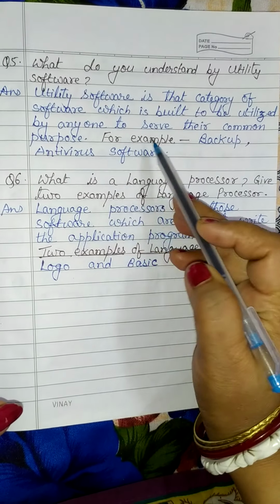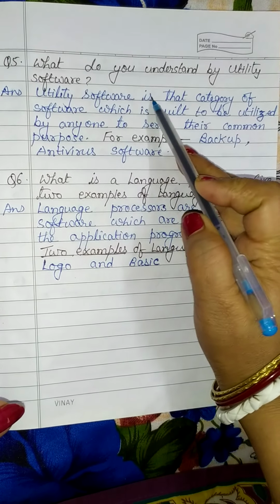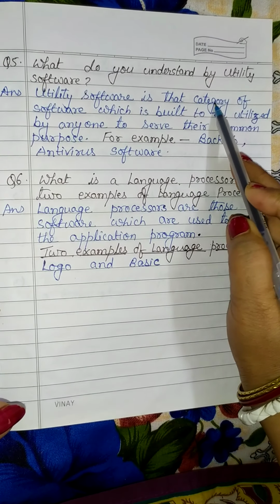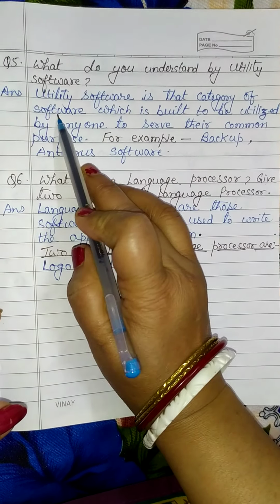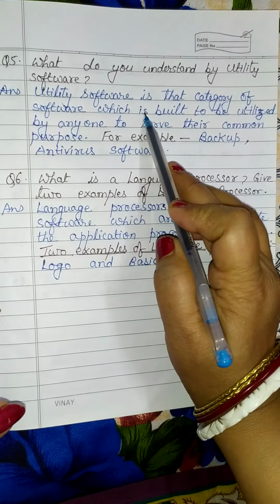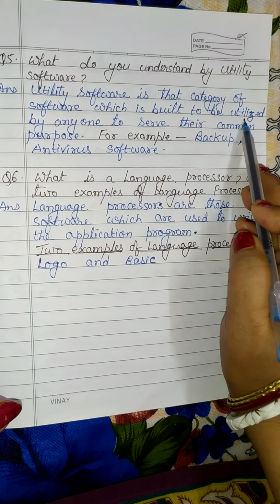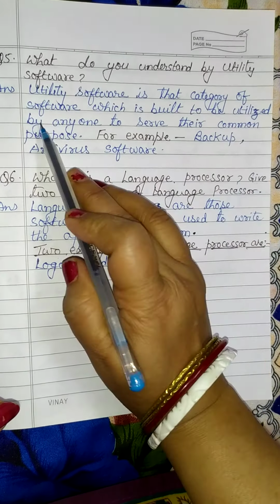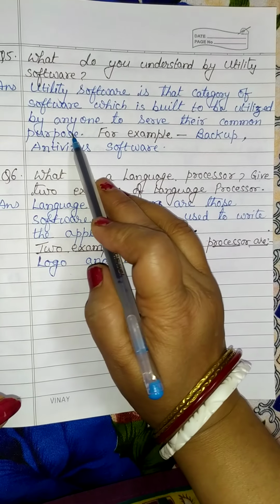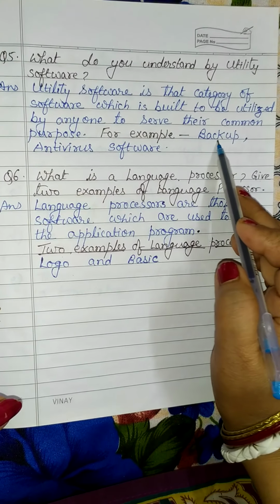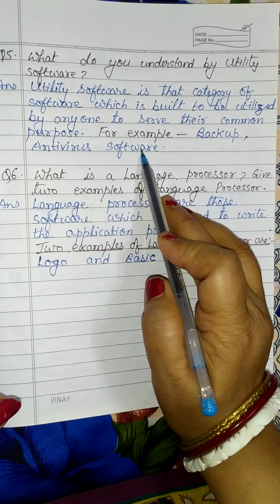Utility software is that category of software which is built to be utilized by anyone to serve their common purpose. For example, backup and antivirus software.